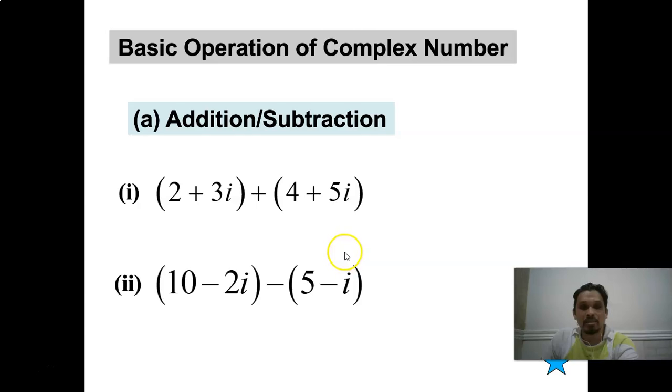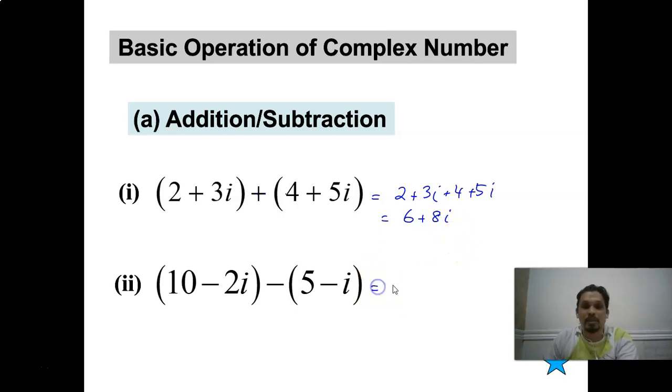Okay, let's take a look at the basic operation here. It's 2 plus 3i plus 4 plus 5i. Positive plus positive is positive. So 2 plus 4 equal to 6, 3 plus 5 equal to 8i.